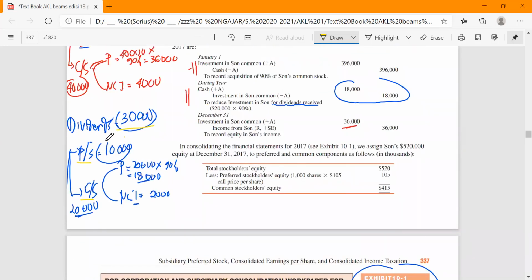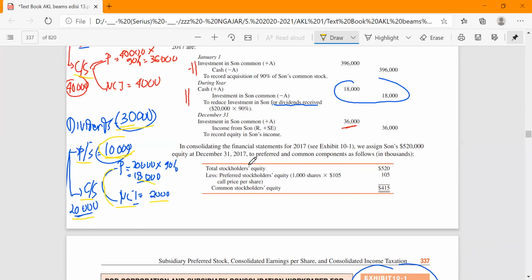So 30,000 minus 10,000 is 20,000. For the common stockholders, just like before, we have to allocate how much to the parent company and how much to the NCI. Because P owned S only 90%, we multiply the $20,000 by 90%, and we get this number. For the NCI, we just multiply the 10% with the $20,000 and we get $2,000.